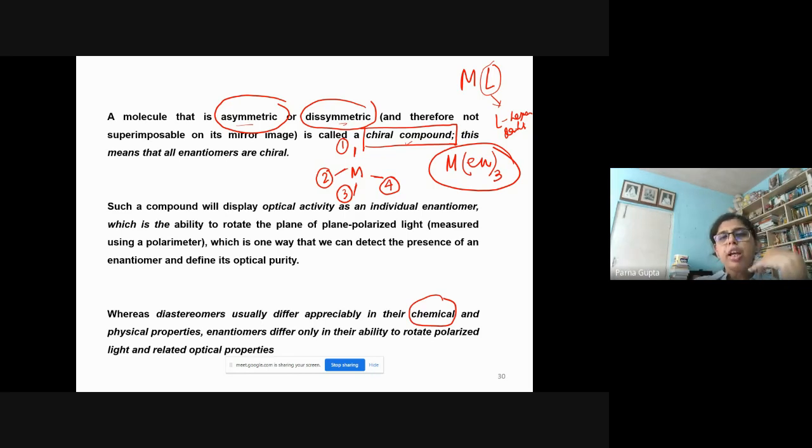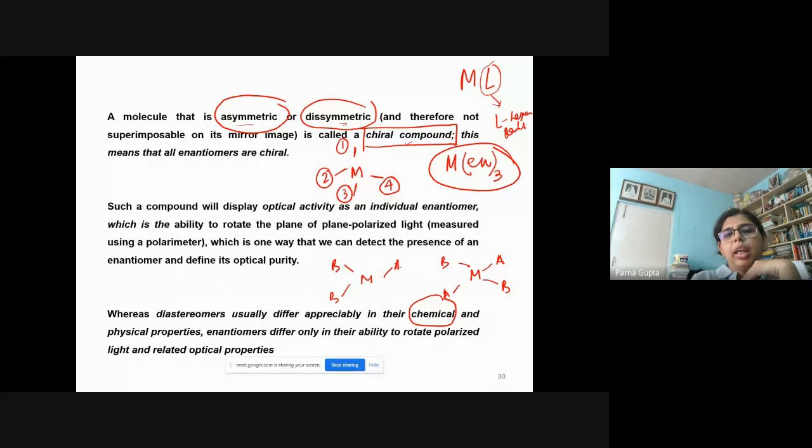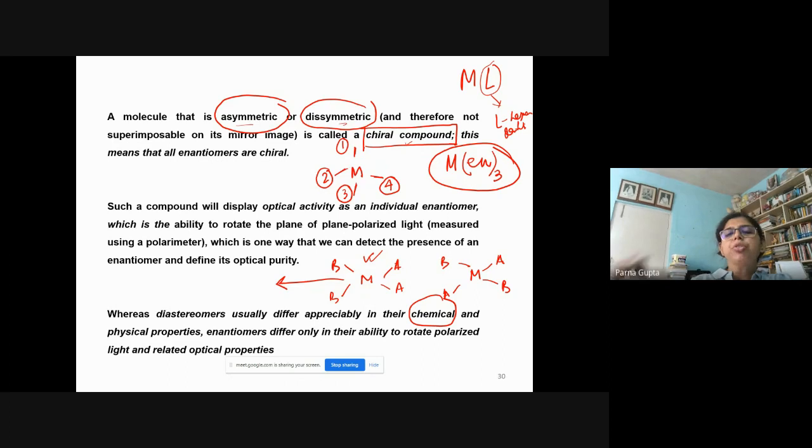And in physical properties, like if you take MAA and BB, and if you take MBB and AA, then if you have a dipole moment for these molecules, this molecule will have a dipole moment, and here the dipole moment will be cancelled. It depends on the effective dipole moment considering all the ligands.